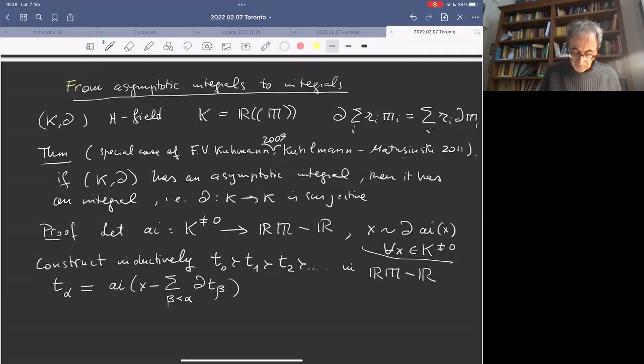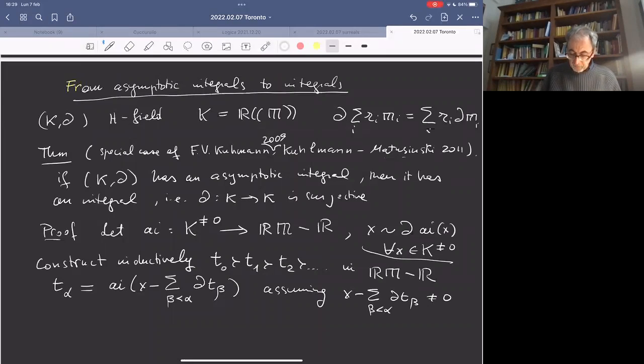Actually, the derivative can also be taken outside of the sum because we are assuming that it commutes, assuming that x minus this sum is different from 0. Otherwise, if it's 0, you have already reached an integral, right?